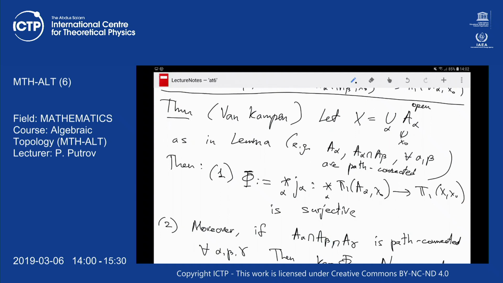So the first part, which we already proved, is that the map induced by the inclusions of the open sets A alpha into X, the star product, the free product of the corresponding pushforwards of such inclusions, is surjective.